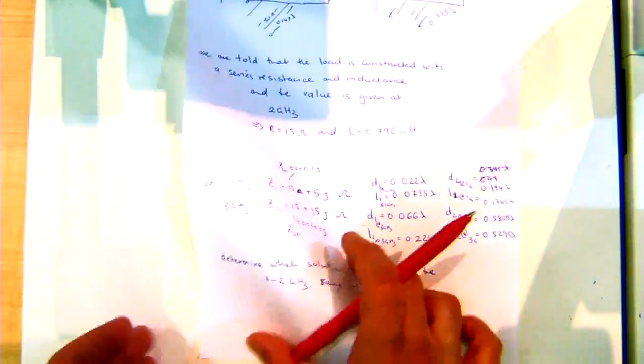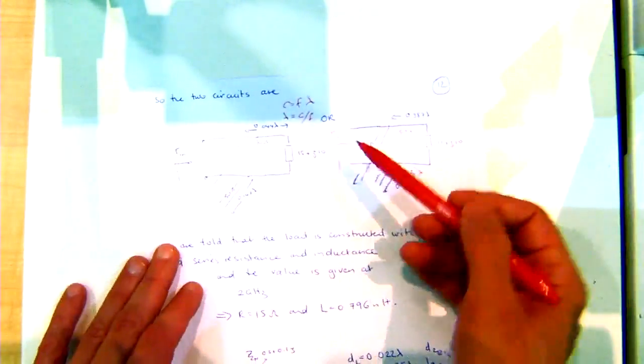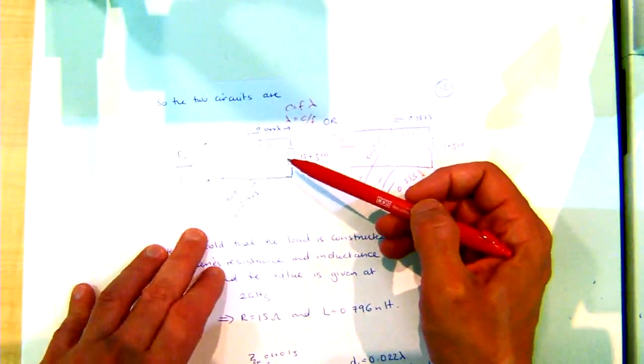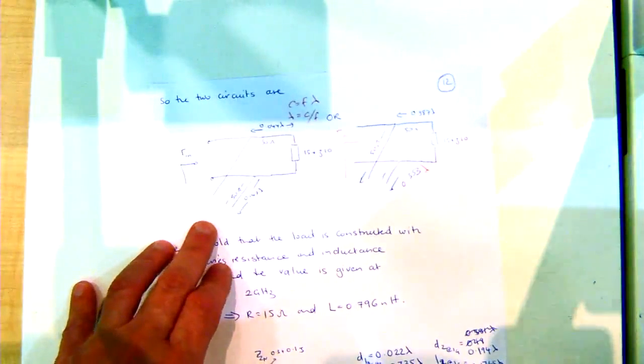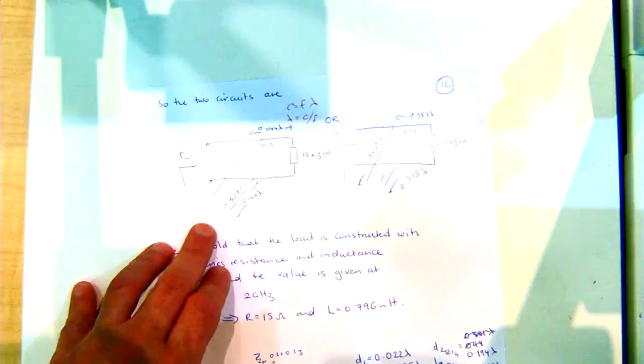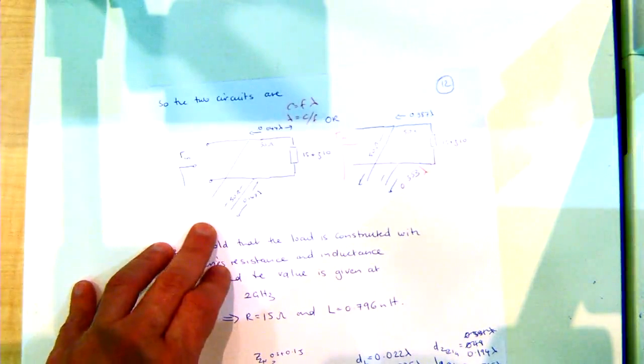So what we would do is start putting in all the numbers that we've calculated, but then determine what happens at a different frequency. As an example, let's grab this circuit, and we've designed it now. I've given you a box of air-filled coaxial cable, and I said we want to design it for 2 gigahertz.